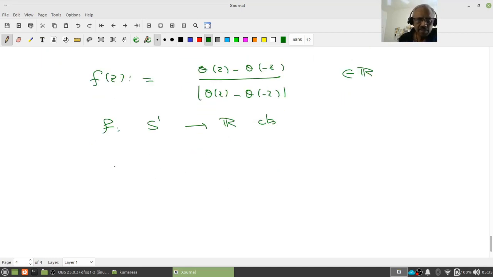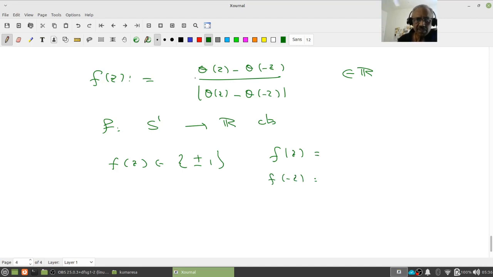But remember, where does it take values? For any z, f of z takes values only in plus or minus 1, because you have a real number divided by its absolute value, therefore it must be plus 1 or minus 1. But notice, what is f of minus z?